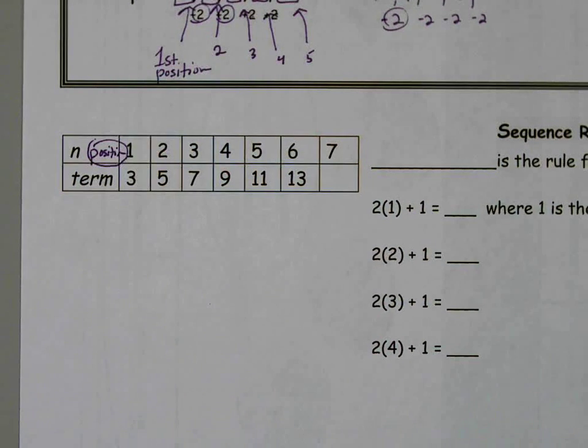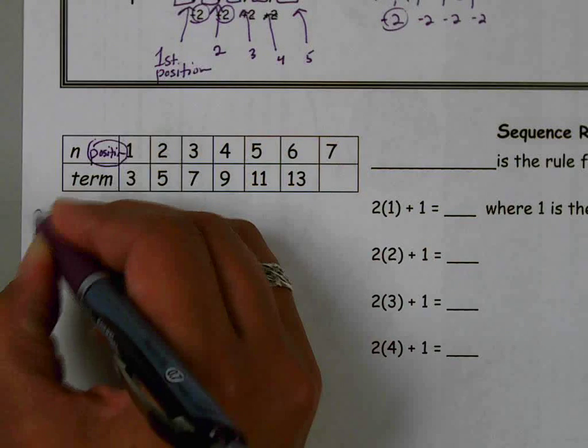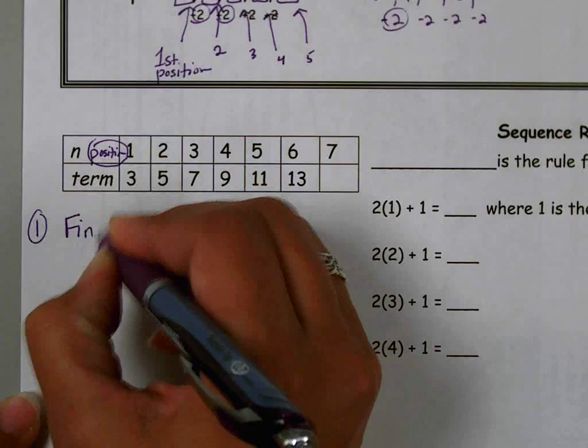So what we're doing today is we're actually going to write a rule so that we can find any term in the sequence. So if I wanted to know what the 1,000th term was, or the 10th term, instead of adding up to 1,000, I would find a rule so that I could find any position.